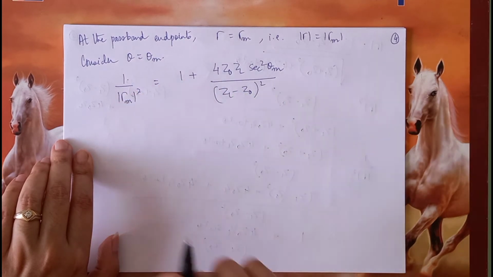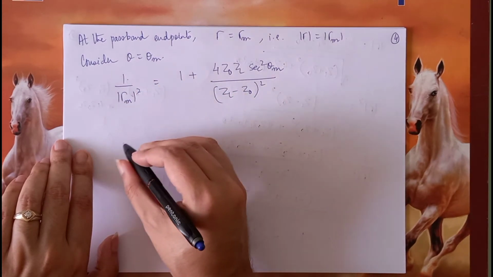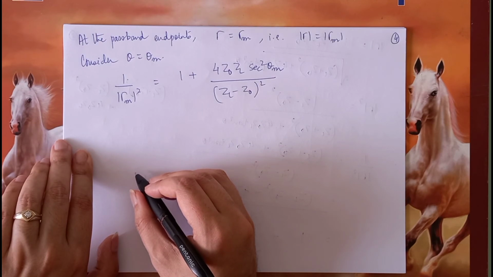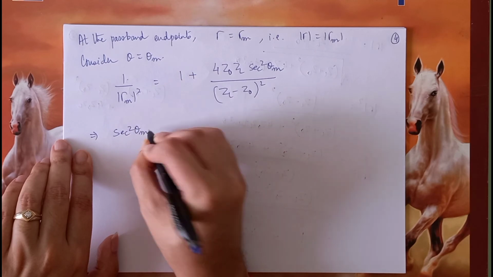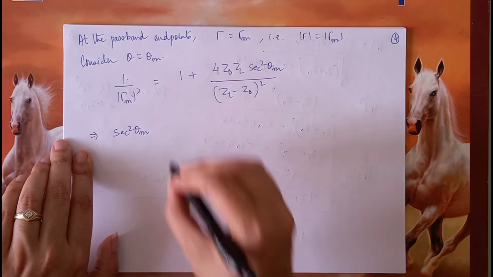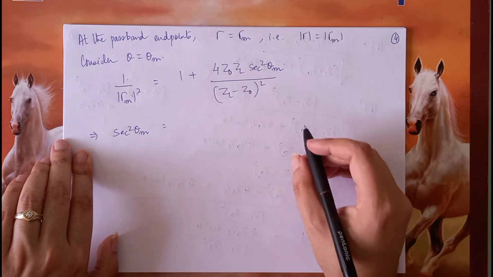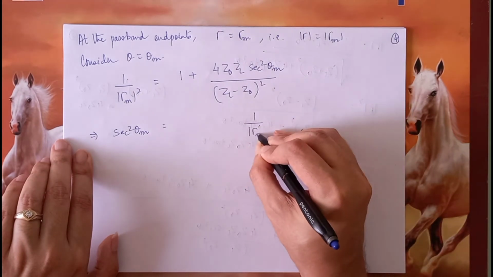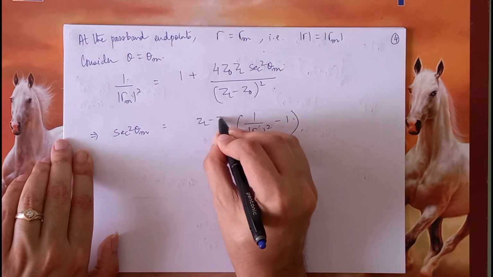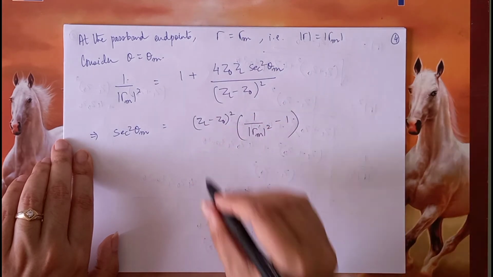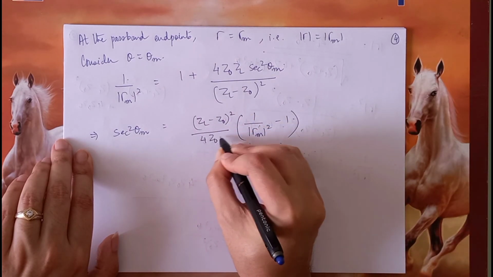So I will just take the 1 over here. So I will get sec square theta m is equal to times zl minus z0 the whole square divided by 4z0zl.